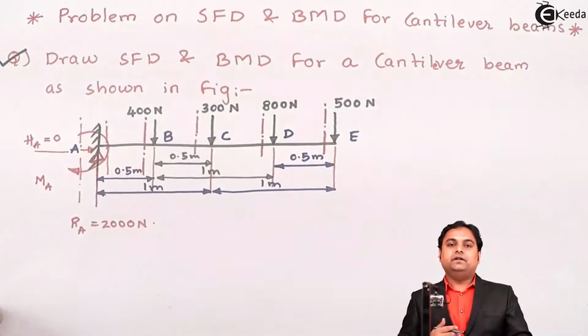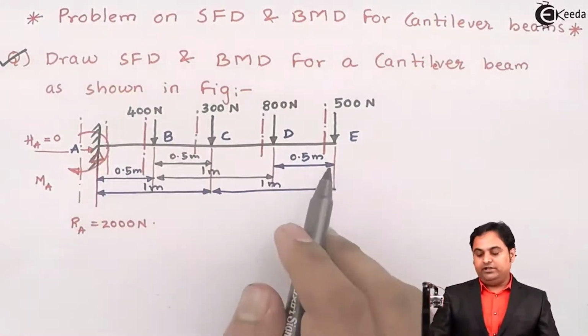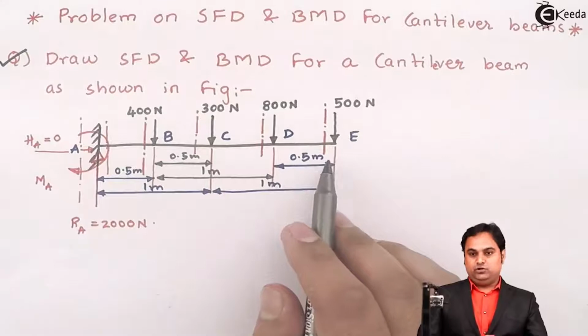So if it is bending, there is no reaction bending moment at point E. So that is why the moment at E is equal to 0.